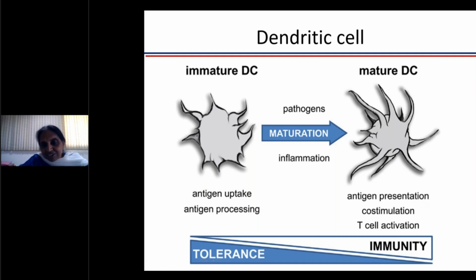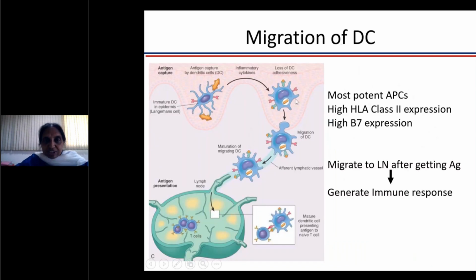And antigen presentation is a very, very important process in linking the innate immune system to the adaptive immune system. And it is during this process of movement of cells that this maturation occurs. If you see in this next cartoon, the antigen has been captured in the skin. In the skin, the antigen presenting cell is called the Langerhans cell.